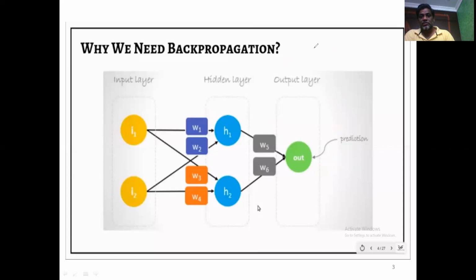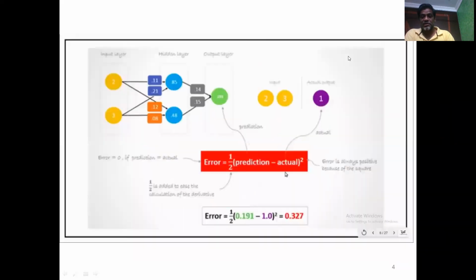Let us see how this happens with the help of a simple scenario. Imagine that the inputs are given as 2 and 3, and the initial weights are 0.11, 0.21, 0.12, 0.08, and these two are 0.14 and 0.15. After calculating the values produced by the hidden neurons, they are 0.85 and 0.45, and these come as inputs to the output layer.